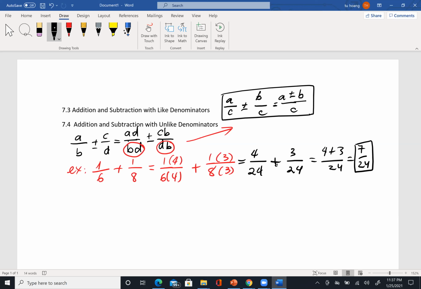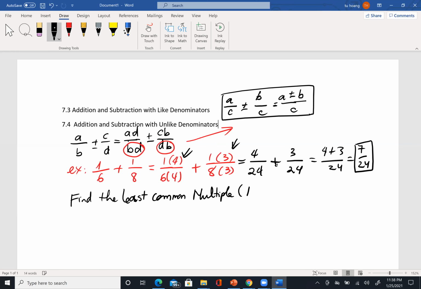So how can I know that the first term should be multiplied by 4 and the second one by 3? That means you will have to learn a method called finding the least common multiple.